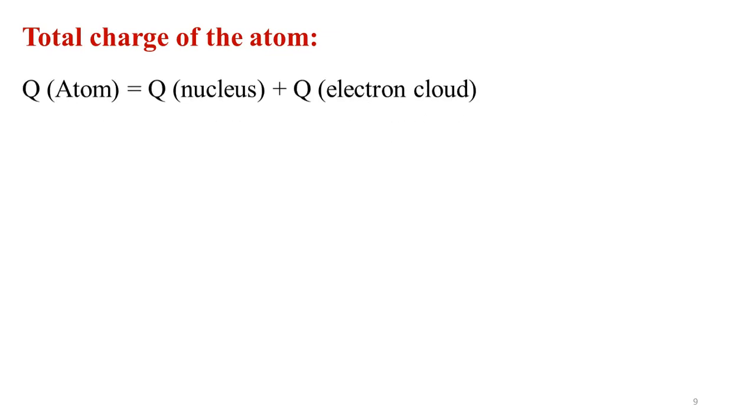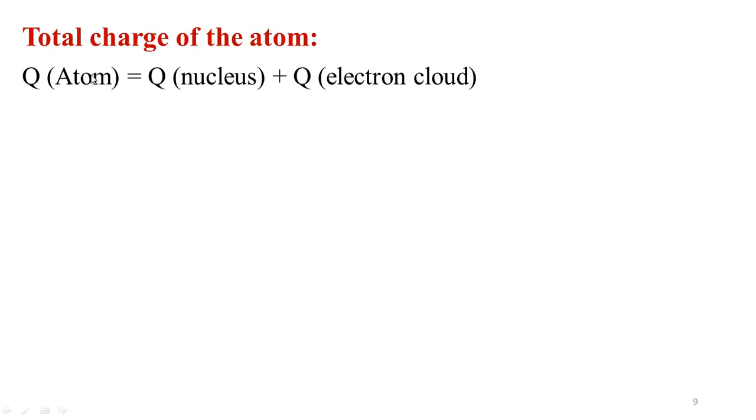Now what about the total charge of the atom? The total charge of the atom is equal to the total charge of the nucleus plus the total charge of the electronic cloud, which represent the two main parts of the atom.